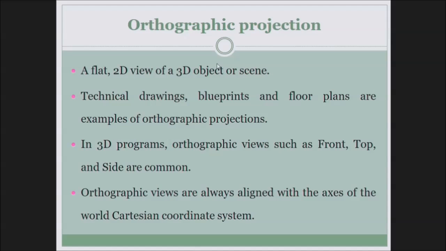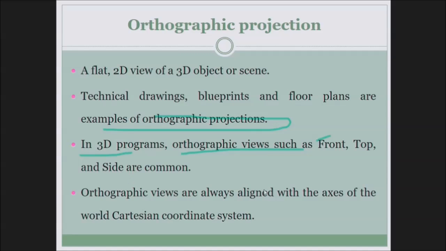In orthographic projection, this is how we convert our 3D object to a 2D object. So a flat 2D view of a 3D object or scene. Technical drawings, blueprints and floor plans are all examples of orthographic projections. And in 3D projection, these orthographic views such as front, top and side are very common.